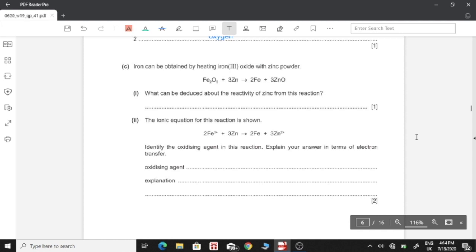What can be deduced about the reactivity of zinc from this reaction? Alright, so we had zinc as an element over here, and we have iron in the form of an iron oxide compound. So zinc here displaces iron, which means zinc must be more reactive than iron to have displaced it. So this tells us that zinc is more reactive than iron.